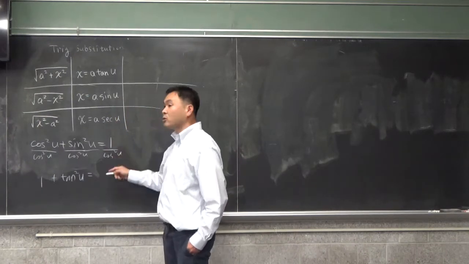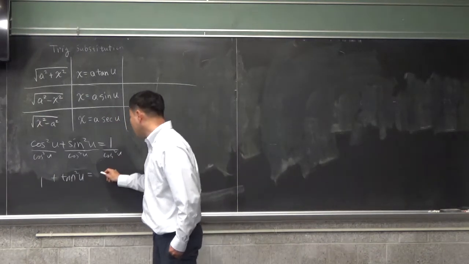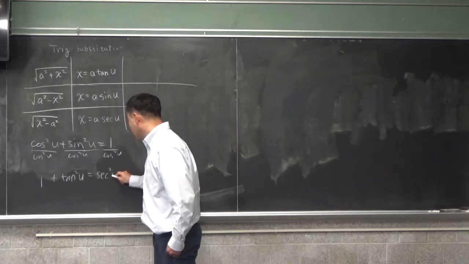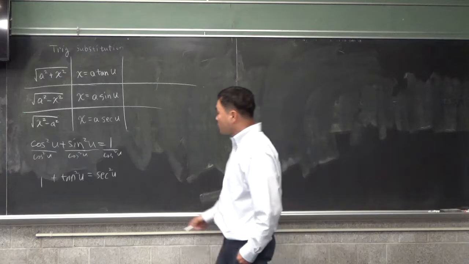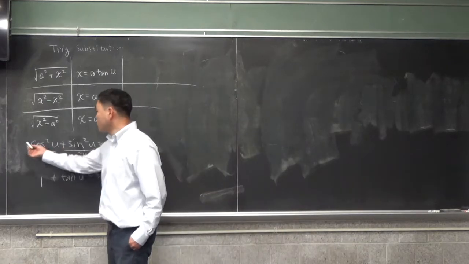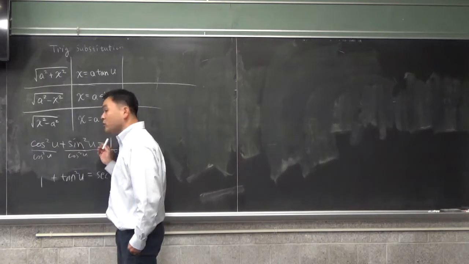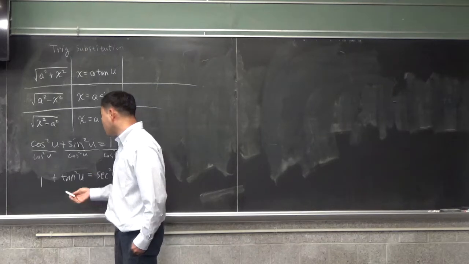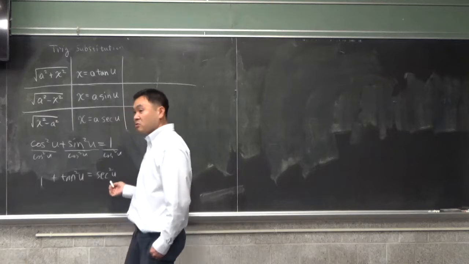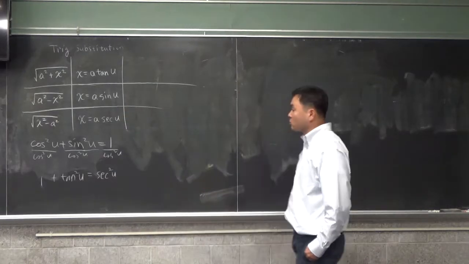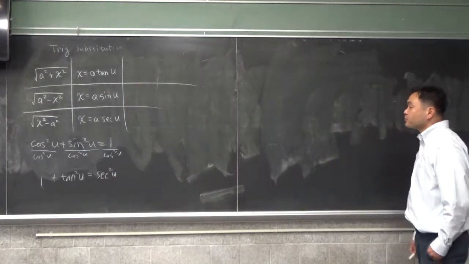And then 1 over cosine is secant squared of u. Okay. So those are the two formulas that you'll be using over and over again. Cosine squared plus sine squared is 1, which of course everyone knows here, but the less often used one is 1 plus tangent squared is equal to secant squared. That will be also used.